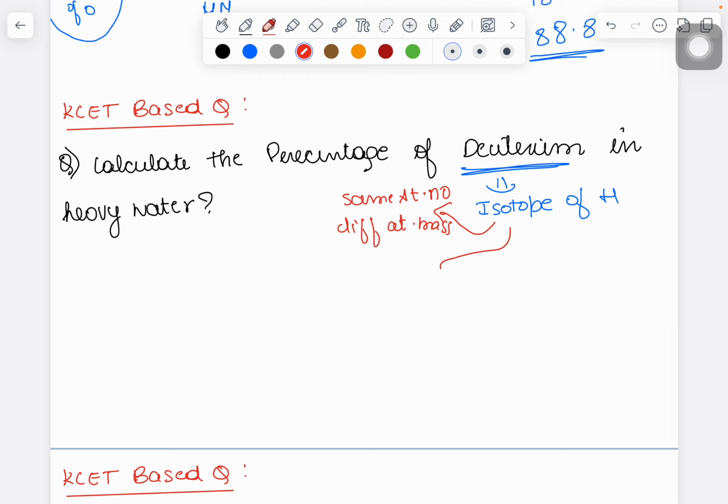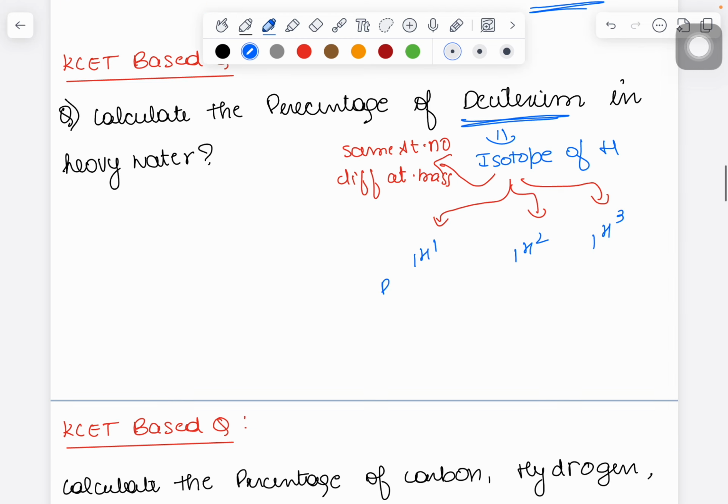Hydrogen has 3 isotopes: 1H1, 1H2, 1H3. 1H1 is called protium, with mass 1. Next is deuterium, with mass 2. And tritium, with mass 3.